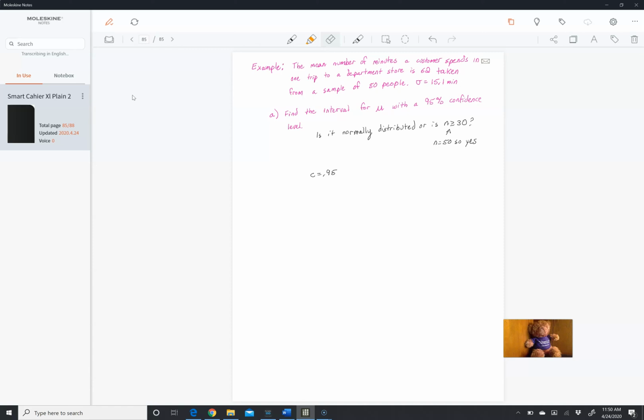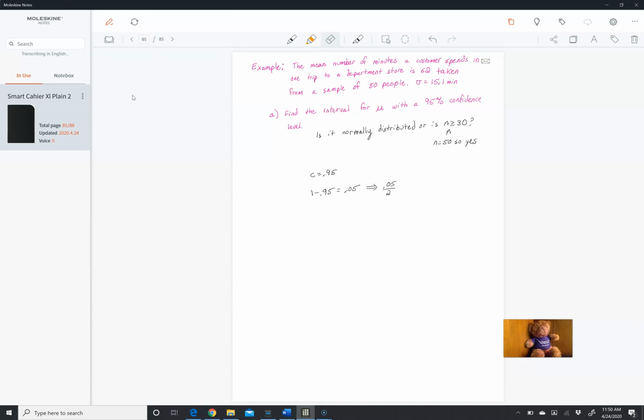So we need to find Z sub C, and we know from the previous problem that we're going to find a Z-score that corresponds to 0.025. But again, we're doing 1 minus 0.95, which is equal to 0.05, and then we're going to do 0.05 over 2.